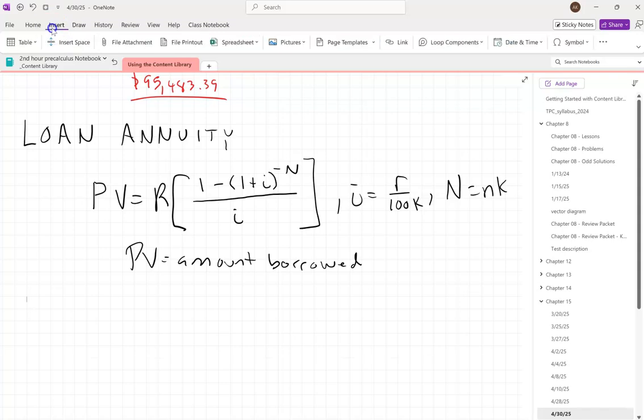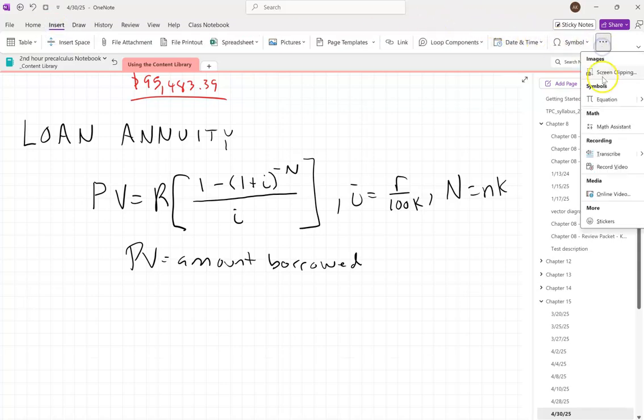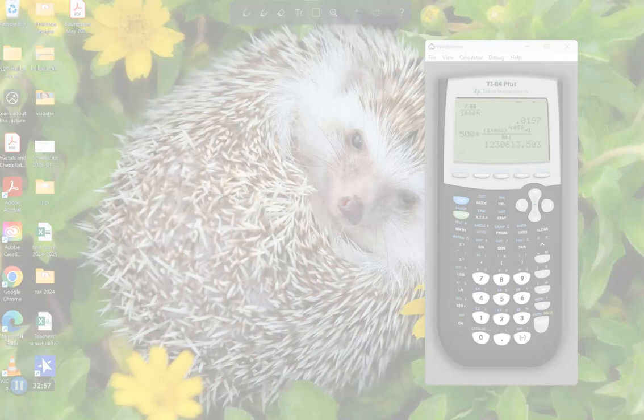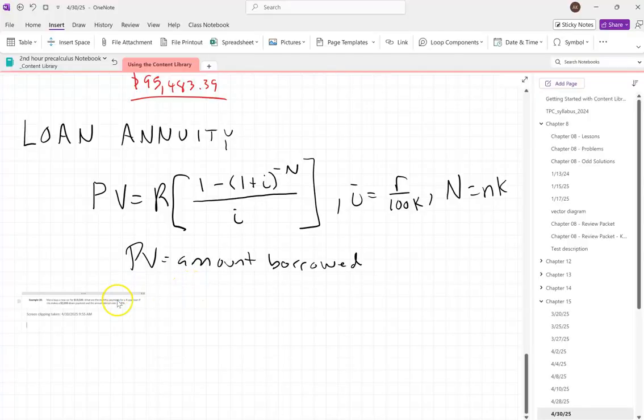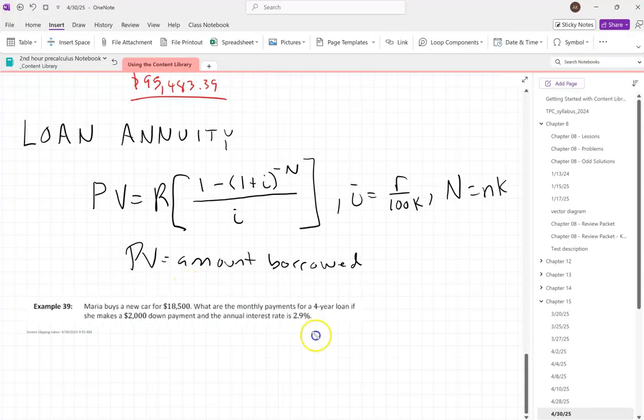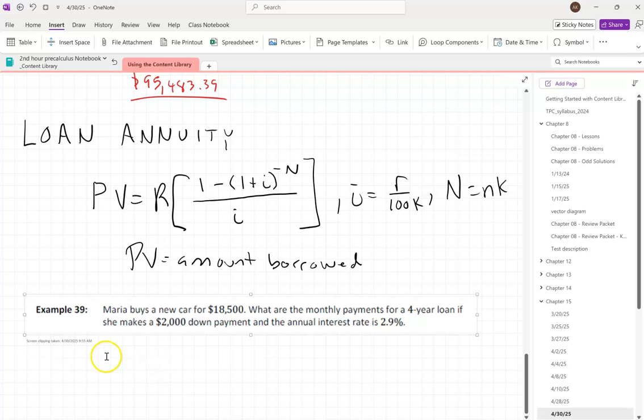So it's, again, the formula's just been rearranged a little bit. But it's basically just the same formula, just rearranged a tad.